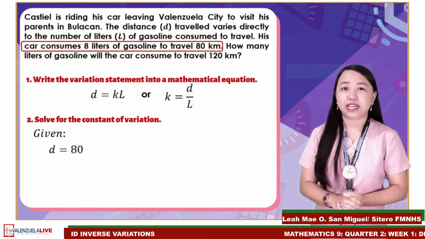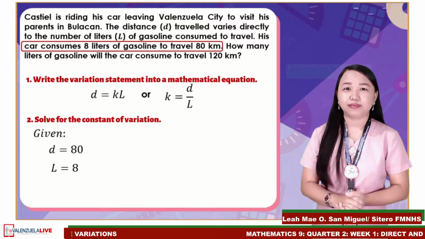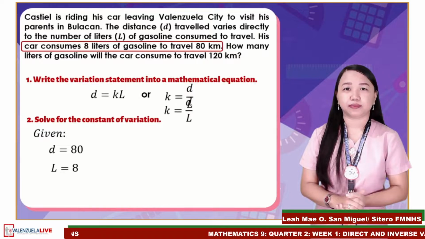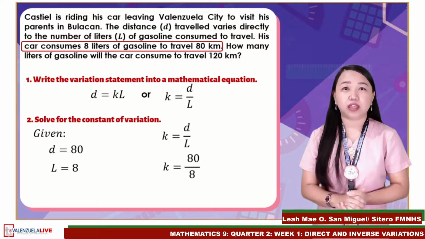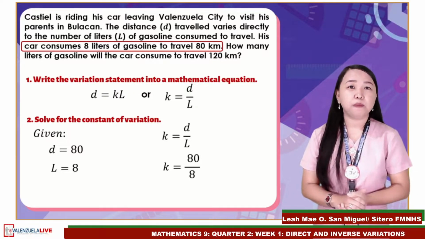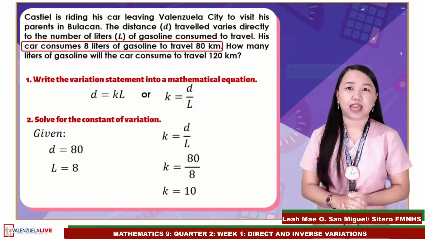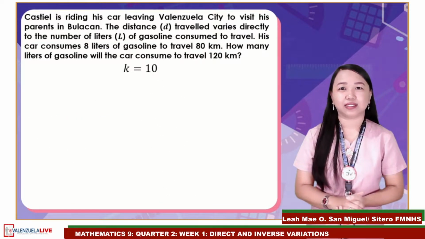Therefore, D is equal to 80 and L is equal to 8. Let us use this given to solve for K. By substitution, K is equal to 80 over 8. Simplify, 80 divided by 8 is 10. The constant of variation is 10.